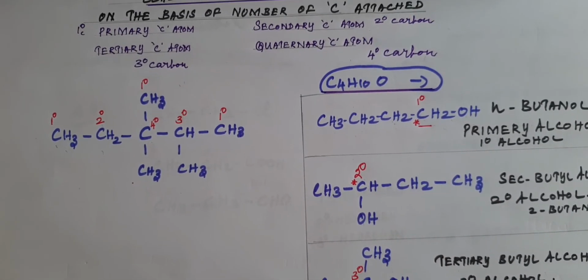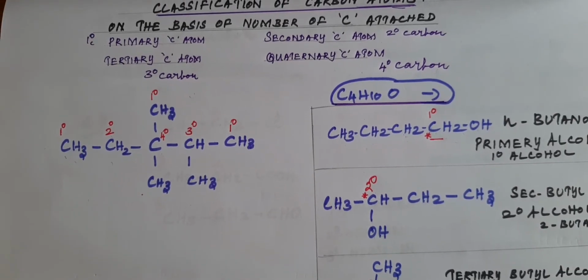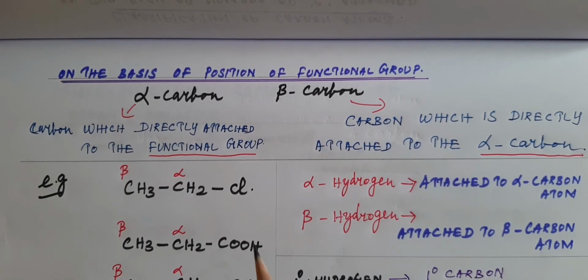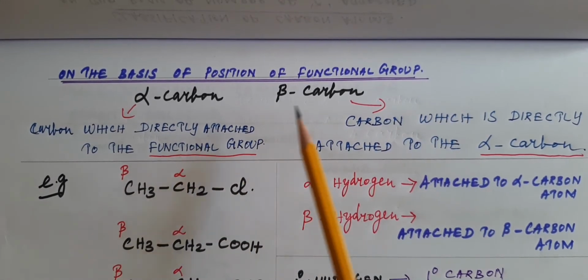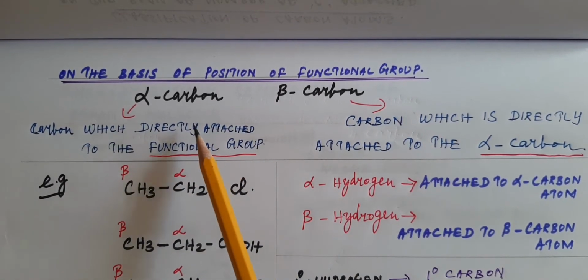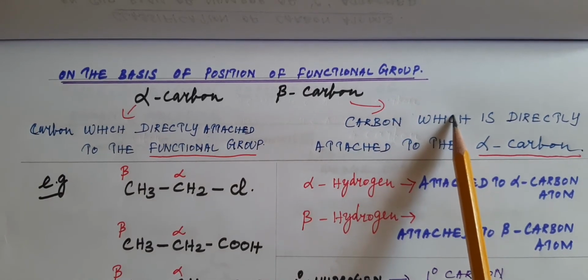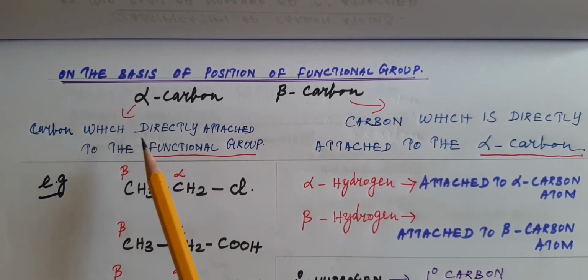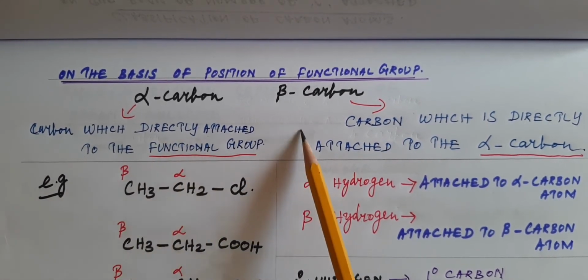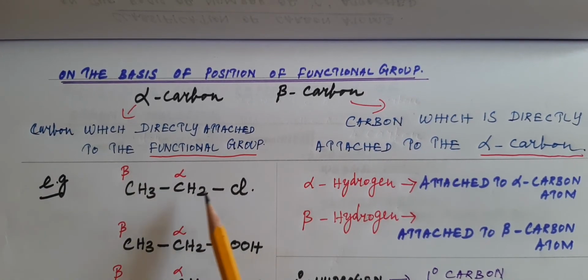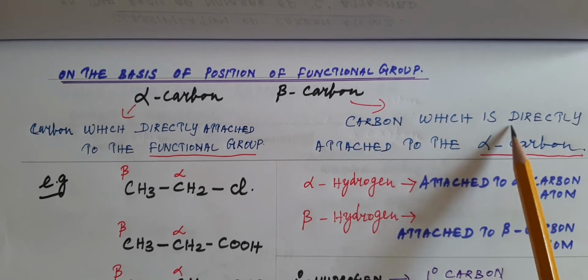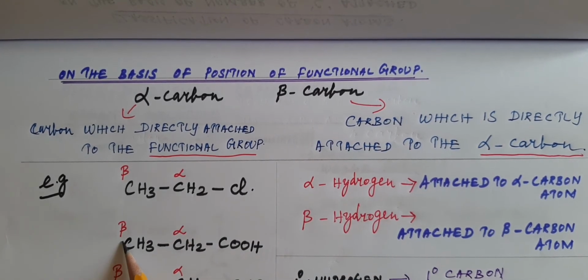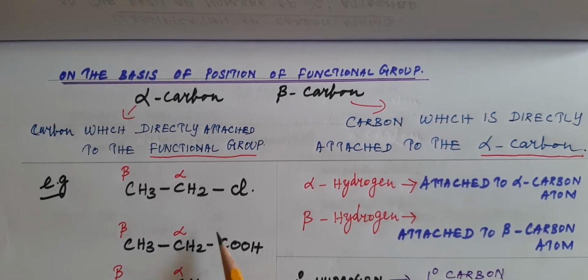Primary, secondary and tertiary carbon atoms. Next one is on the basis of the position of the functional group: alpha carbon and beta carbon. What is alpha carbon and what is beta carbon? The carbon which is directly attached to the functional group is called alpha carbon. The carbon which is directly attached to the alpha carbon is called beta carbon.